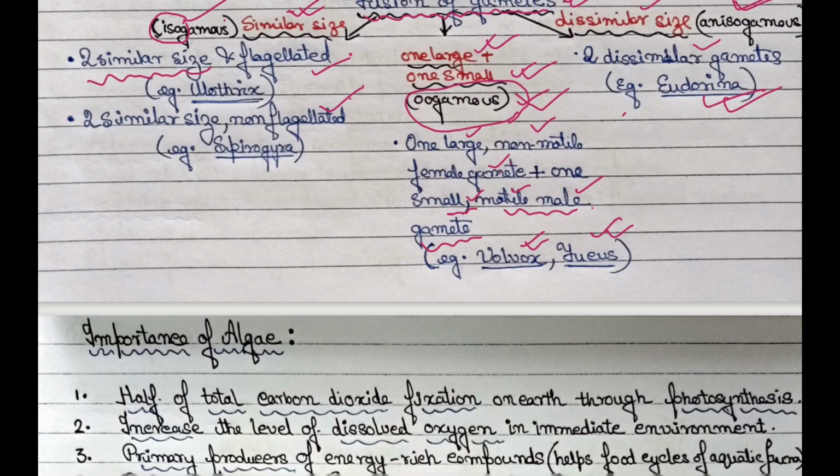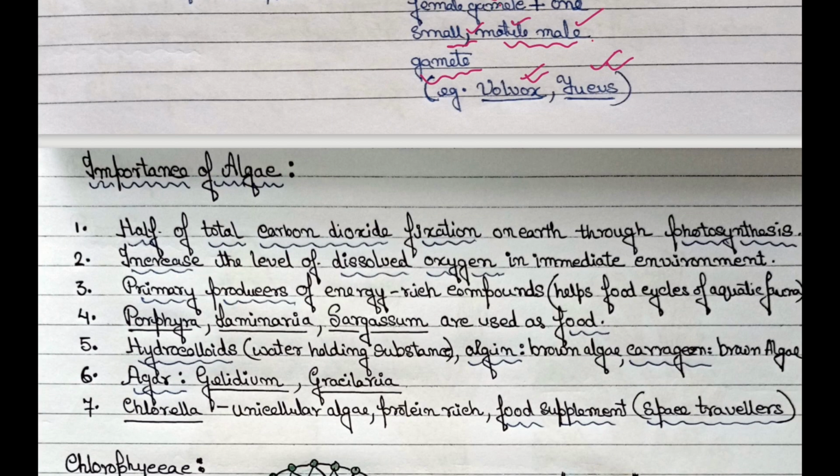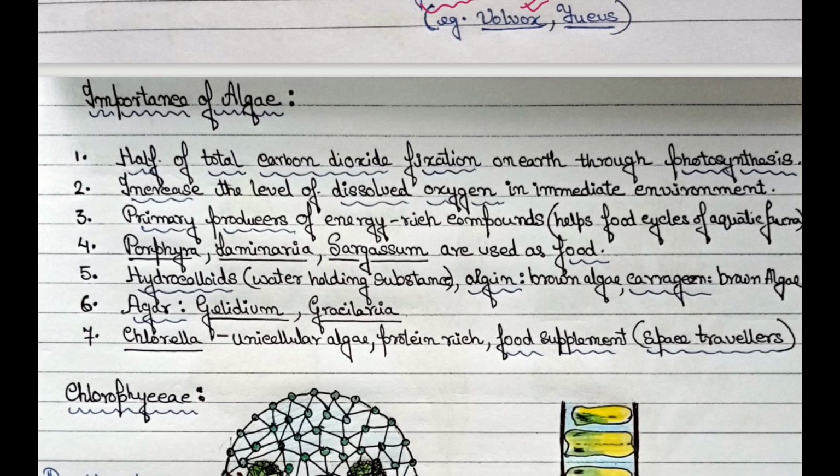Now let us quickly go through the importance of algae, because there is not much to explain here. It is involved in carbon dioxide fixation of almost half of the total carbon dioxide on Earth. Can you imagine? How?